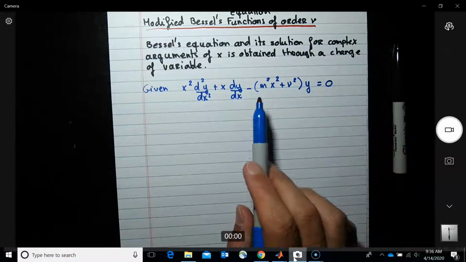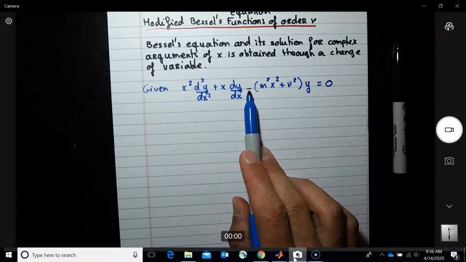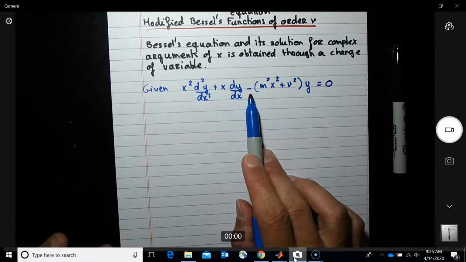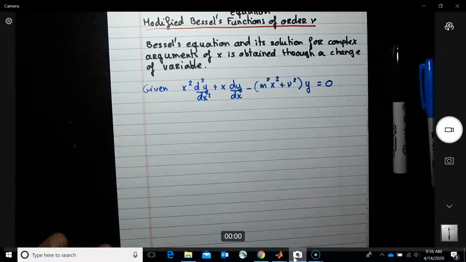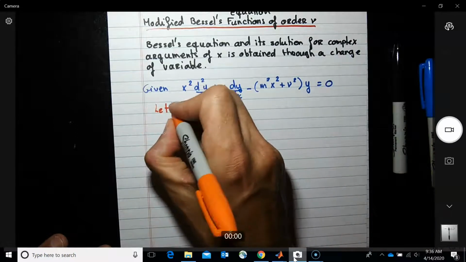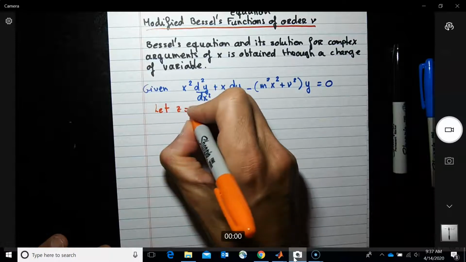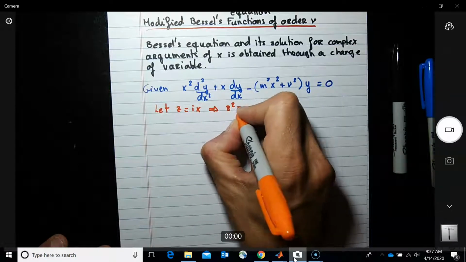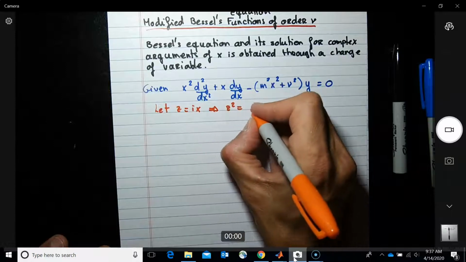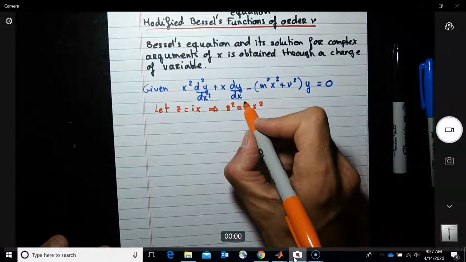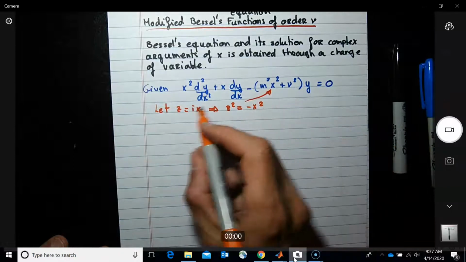So what is the only difference with the one before? It's that we have a minus sign here instead of a plus sign. So how can we make this a positive sign? In order to do that, you can just say let z equal ix, which will give you that z squared is equal to minus x squared. And here we're just going to look at this term over here.